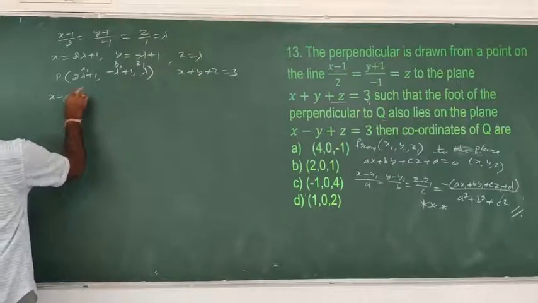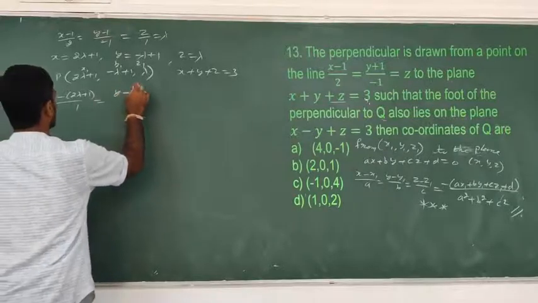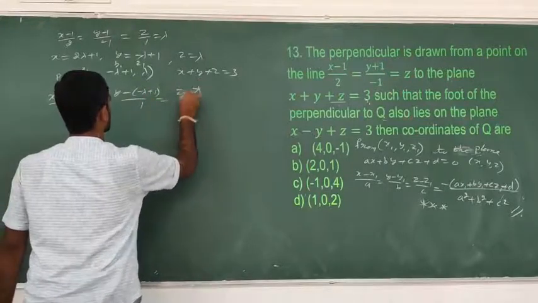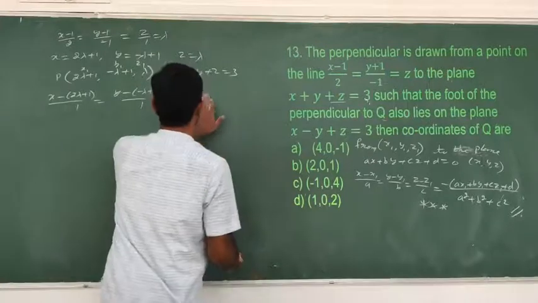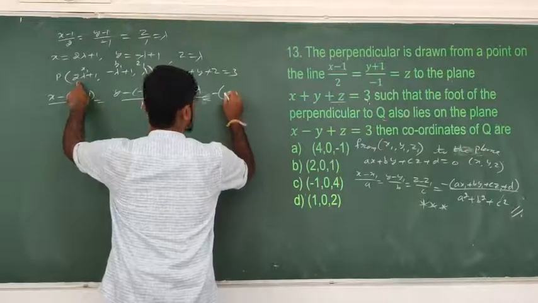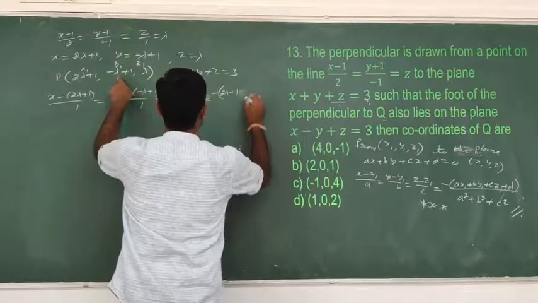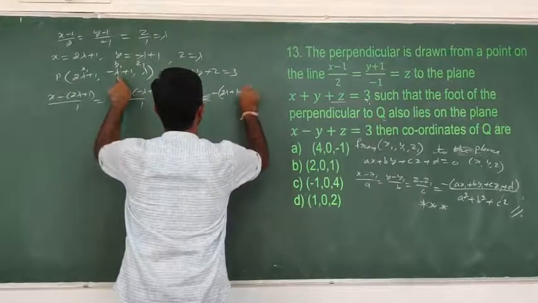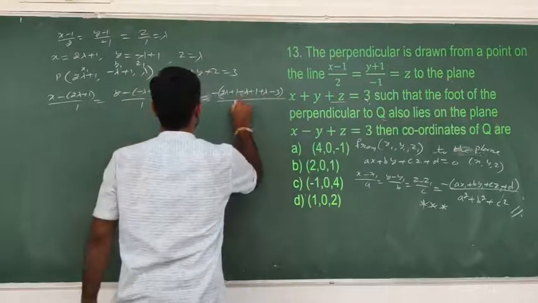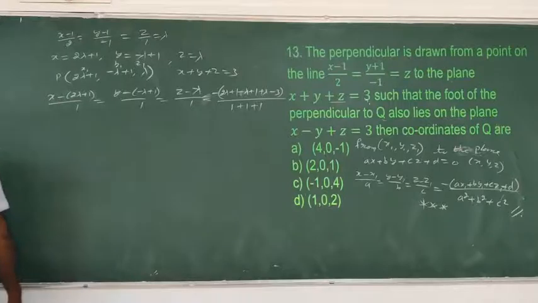Then (x minus (2 lambda plus 1))/1 = (y minus (minus lambda plus 1))/1 = (z minus lambda)/1 = minus of (a into x1, a is 1, 2 lambda plus 1, plus b into y1, b is 1, y1 is minus lambda plus 1, plus c into z, plus lambda minus 3) whole divided by 1 square plus 1 plus 1, that is a square plus b square plus c square, so that is 1 plus 1 plus 1.